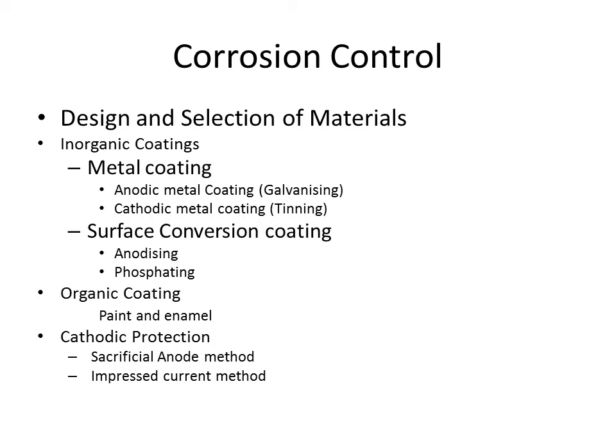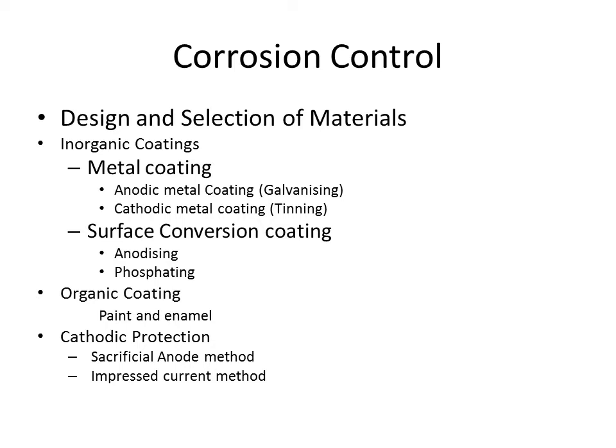So we have anodic metal coating and cathodic metal coating in the case of metal coatings. Galvanizing is the example for anodic metal coating and tinning is the example for cathodic metal coating. What is galvanizing and what is tinning, I will discuss in the upcoming slides.